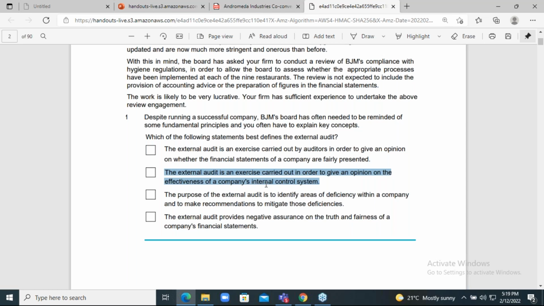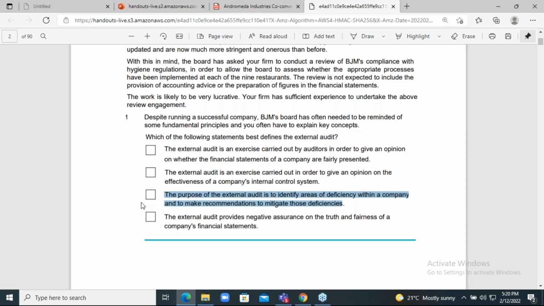So isn't B correct? Isn't C correct? According to ISA 265, the auditor is going to communicate the deficiencies and make recommendations. Now you know that this is correct.